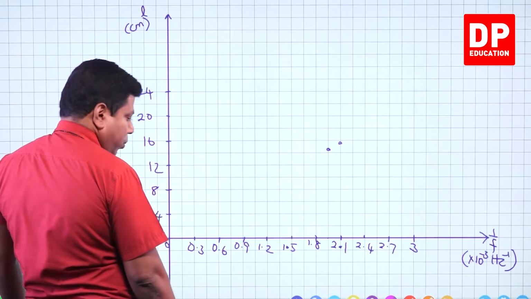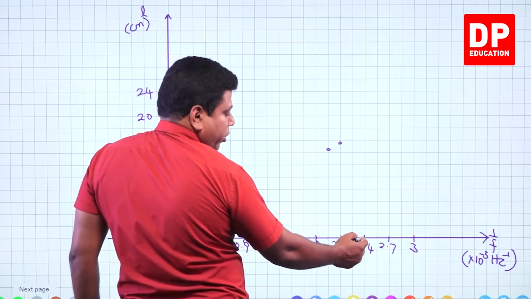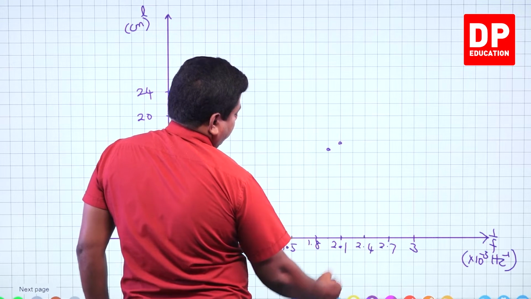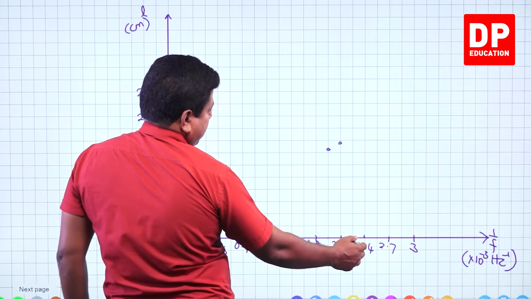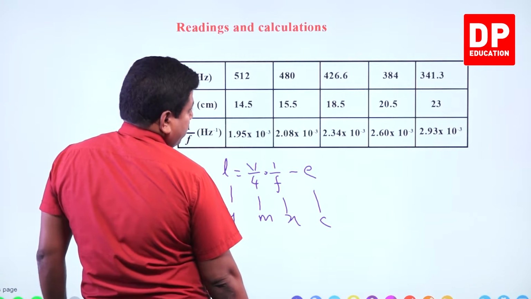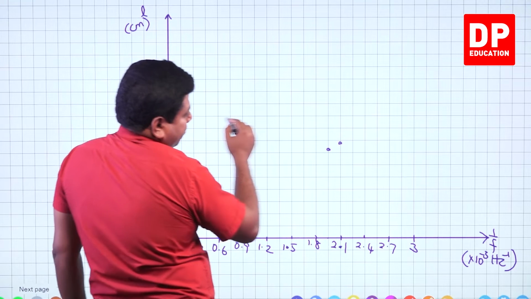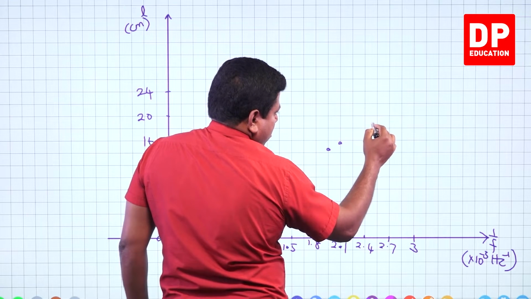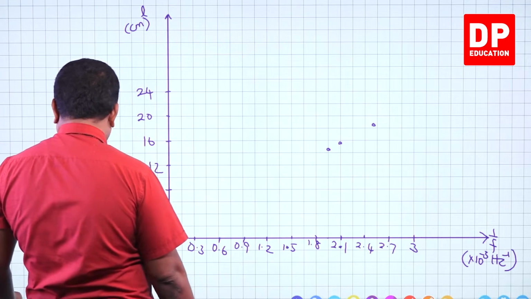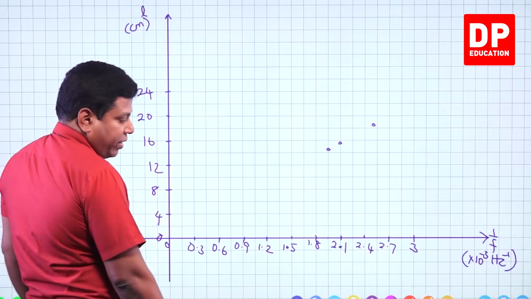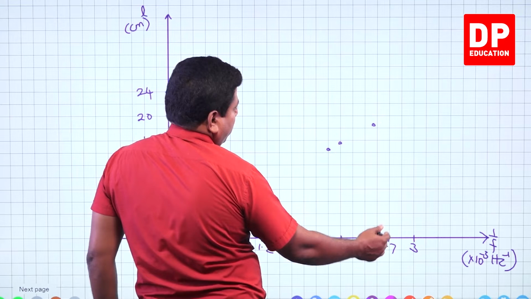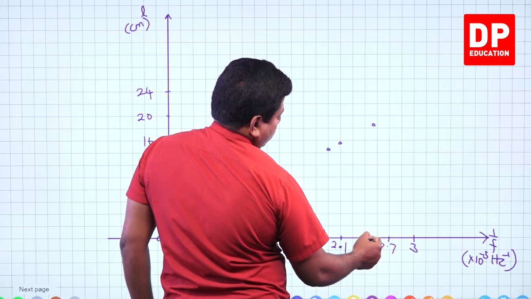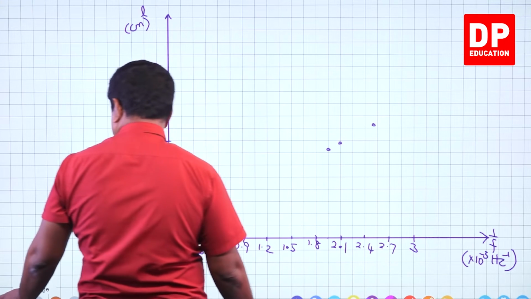Next, 18.5 at 2.34. That's at 18.5. That's how that value will be. Next, 2.6 and 20.5.